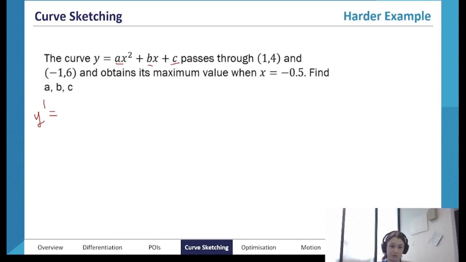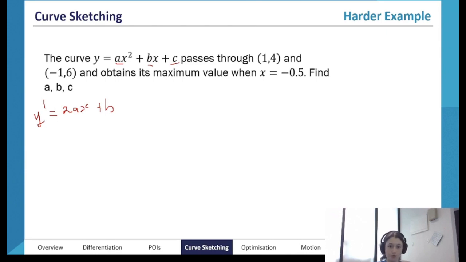So our first derivative is going to be 2ax plus b. Now, we're going to write down the information that we have been given and use that to find a, b, and c. The information that we've been given is two coordinates and something about its derivative.